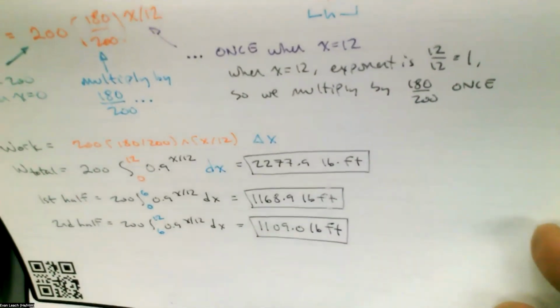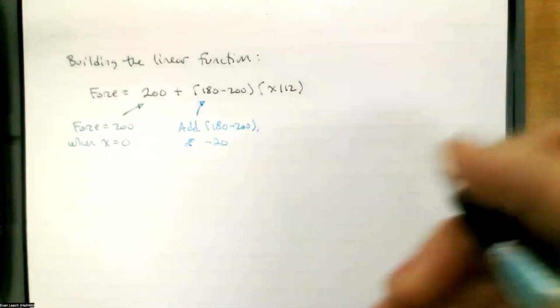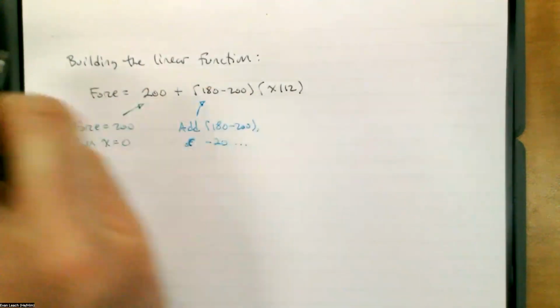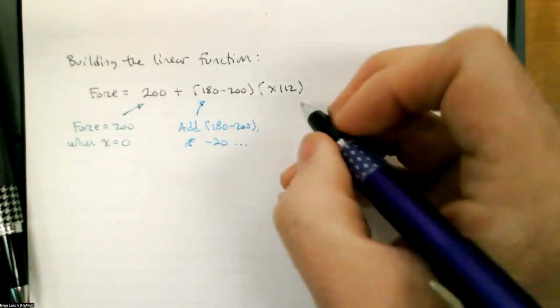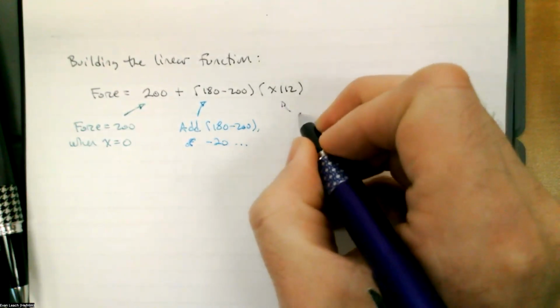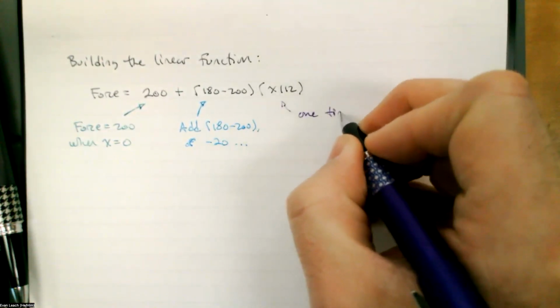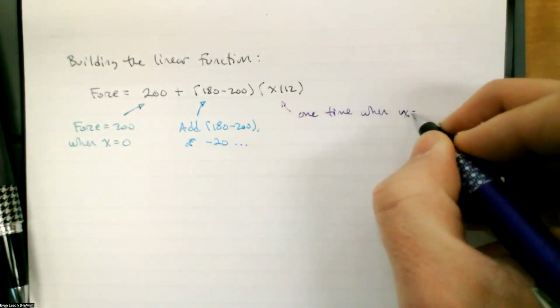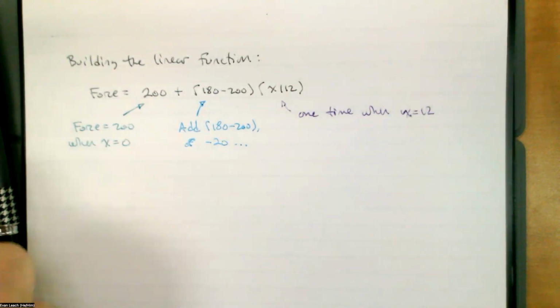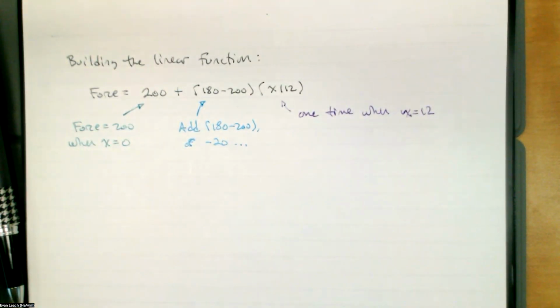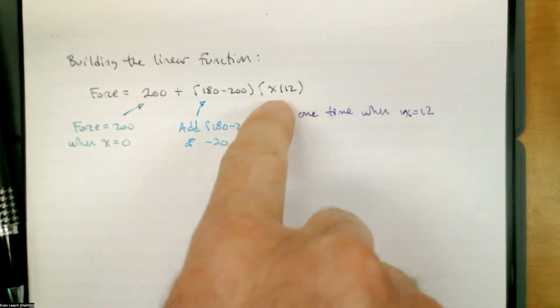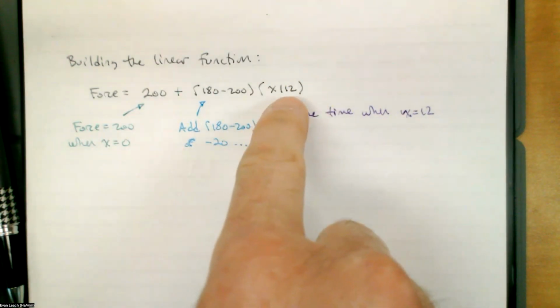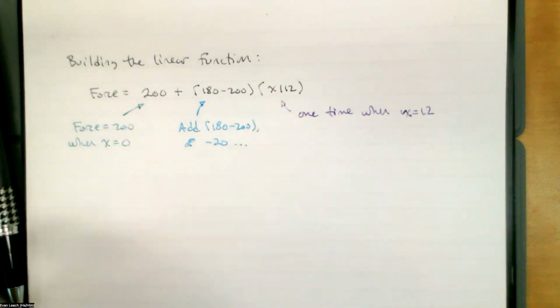I want to add 180 minus 200, or negative 20, one time. And I want that to happen when x equals 12. I want to add negative 20 once when x is equal to 12. So when x is equal to 12, this multiplier, this factor out here, tells us how many times to do this addition.